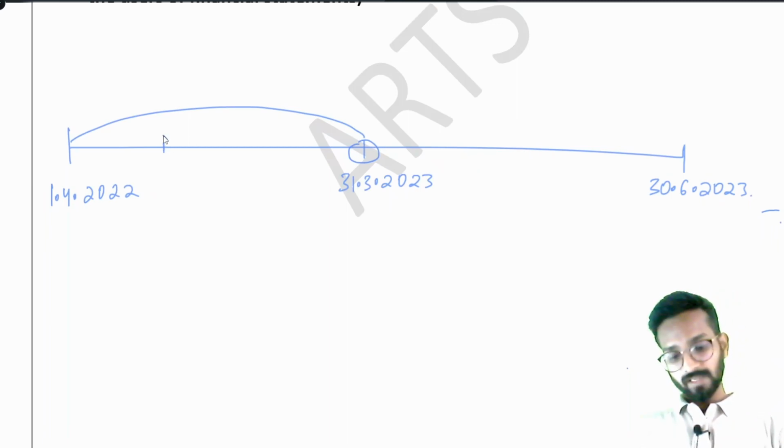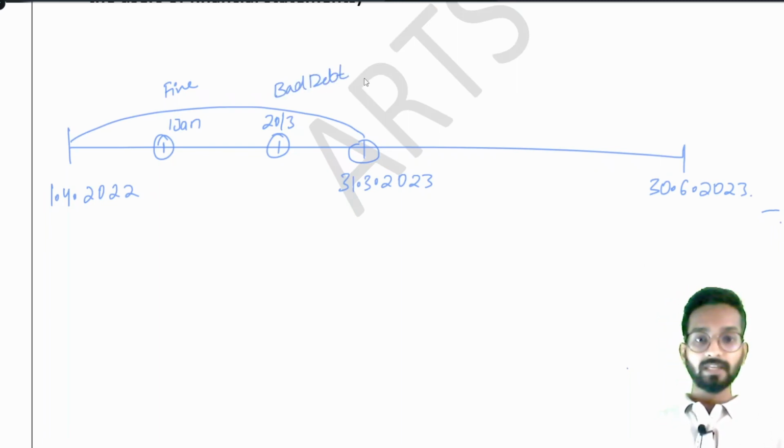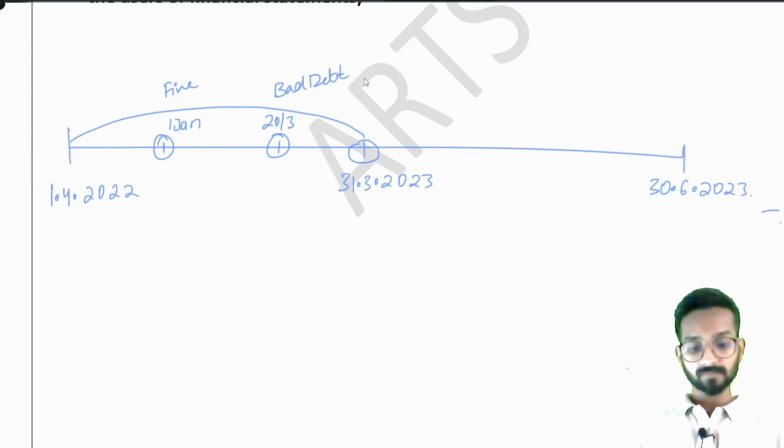Suppose fire occurred on 1st January at the debtor's factory, and before 31st March itself, on say 20th March, he says, bad debt. He says, I will not pay any money. Then, is it also an adjusting event? Is it also an adjusting event? That is his question. Now understand.